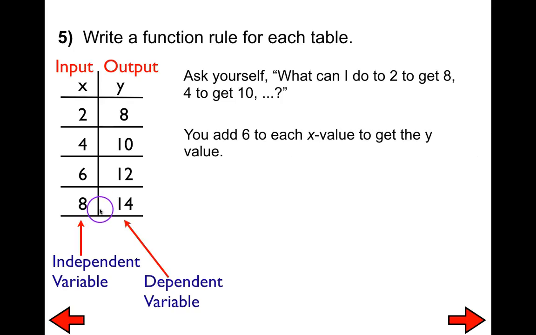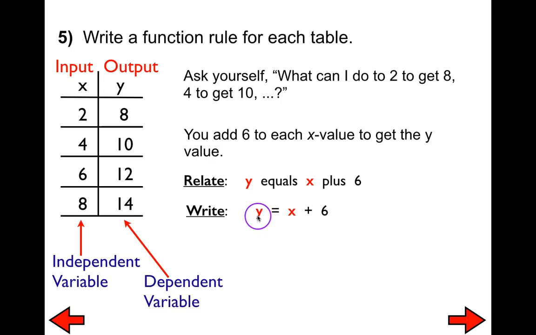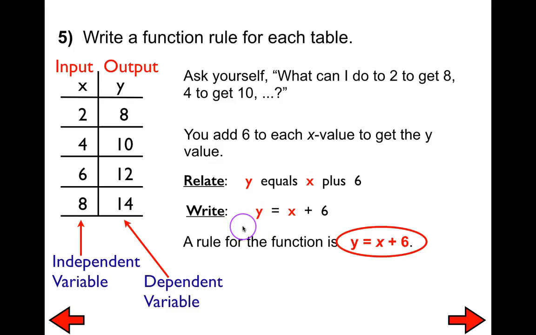In this case, if you figured it out, the function rule was to add 6 to your input to get your output. So y equals x plus 6. How would I write that as a function rule? I would write that as y equals x plus 6. So this is my function rule. y equals x plus 6.